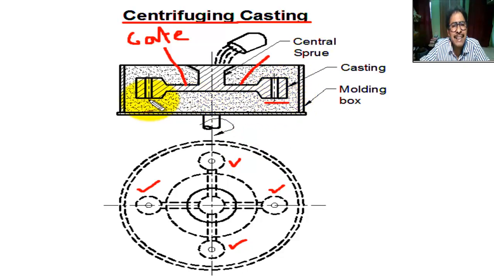In the front view, this is the casting. This is the gate. This is the central spool. Molten metal is poured in this passage. Then through the gate, metal enters this mold cavity.